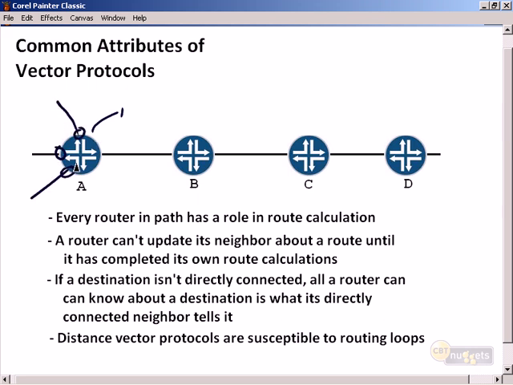That makes sense. Or the router is manually configured to originate the destination prefix. Or thirdly, the router learns that destination prefix from another routing protocol. For example, this RIP version 2 router learns it from OSPF.